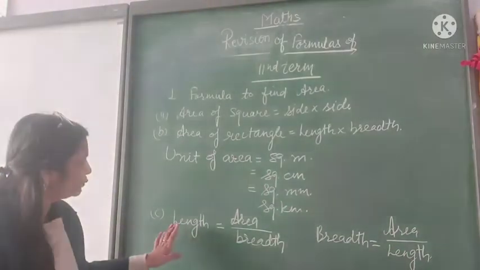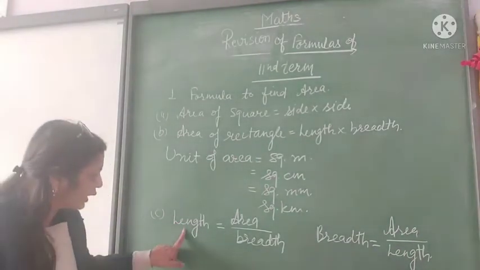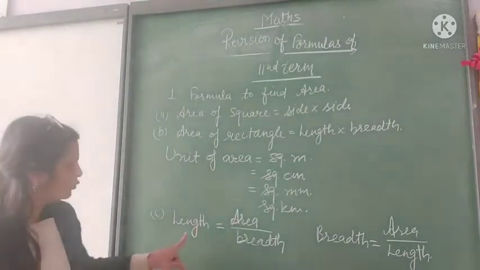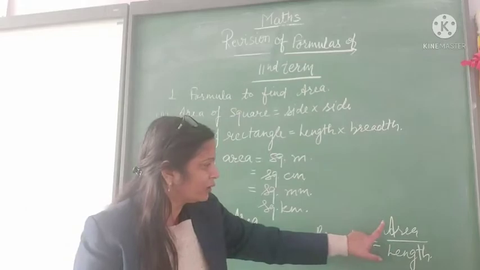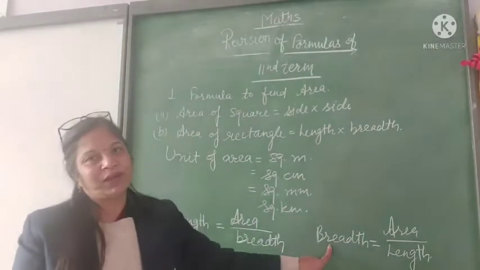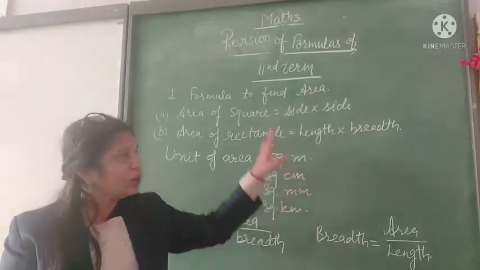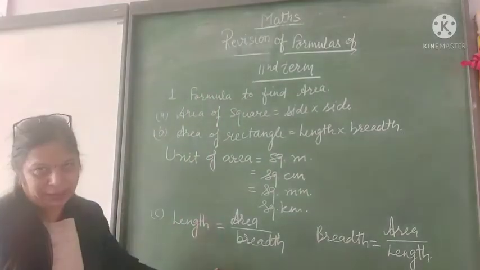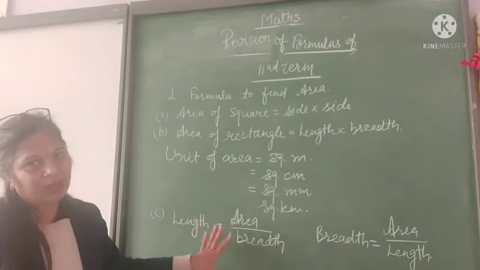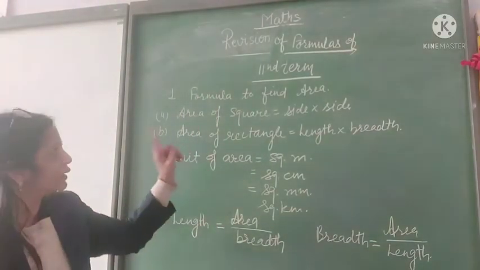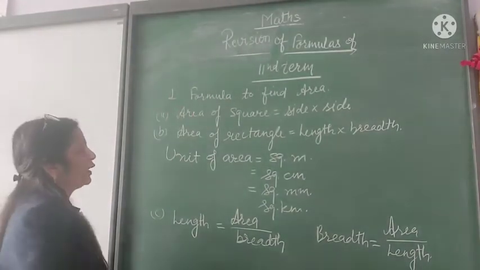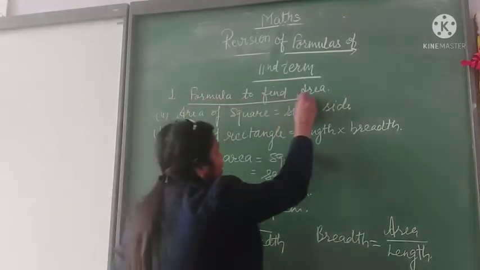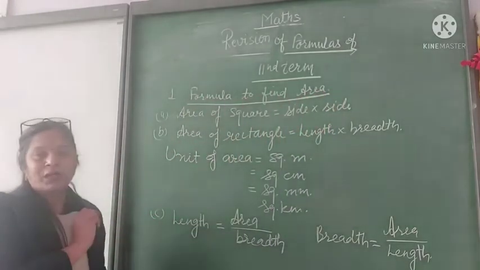In this question, beta, you have been given area and breadth, you will find the length. In this question, you have given area and length, and you will find the breadth, right? So this was about the area. We are discussing the formulas of second term of the different topics. So it was the formula to find the area. This should be underlined. Okay.